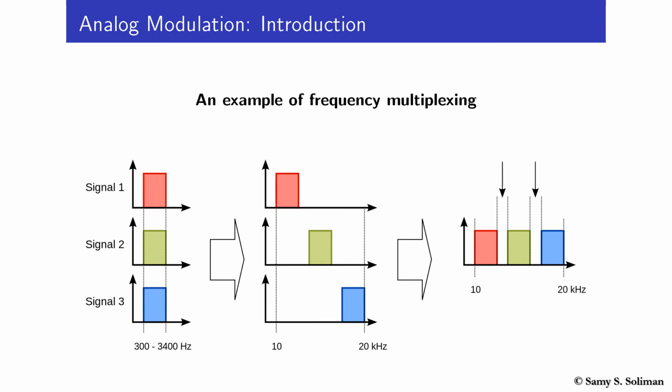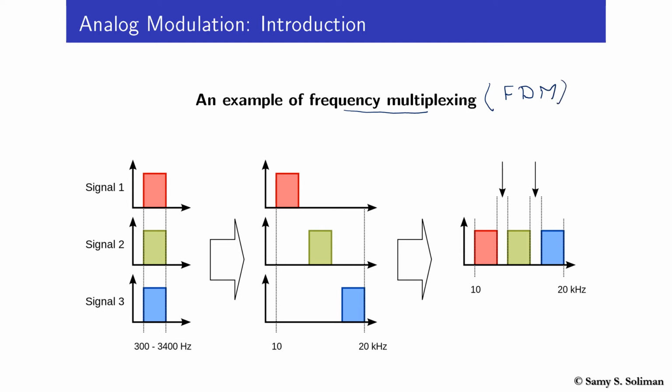In order to understand multiplexing more, let's have an example of a multiplexing system in which we perform multiplexing in the frequency domain, or what we call frequency multiplexing. Sometimes we abbreviate it as frequency division multiplexing.